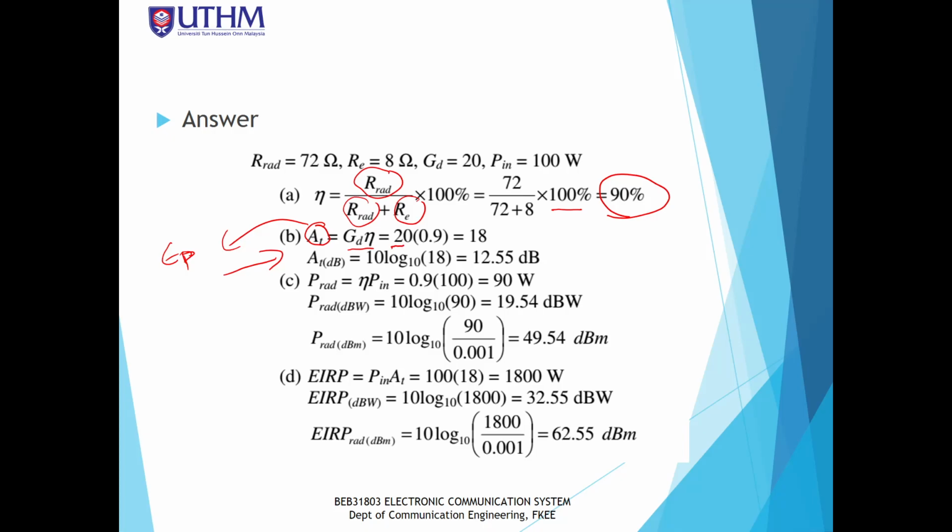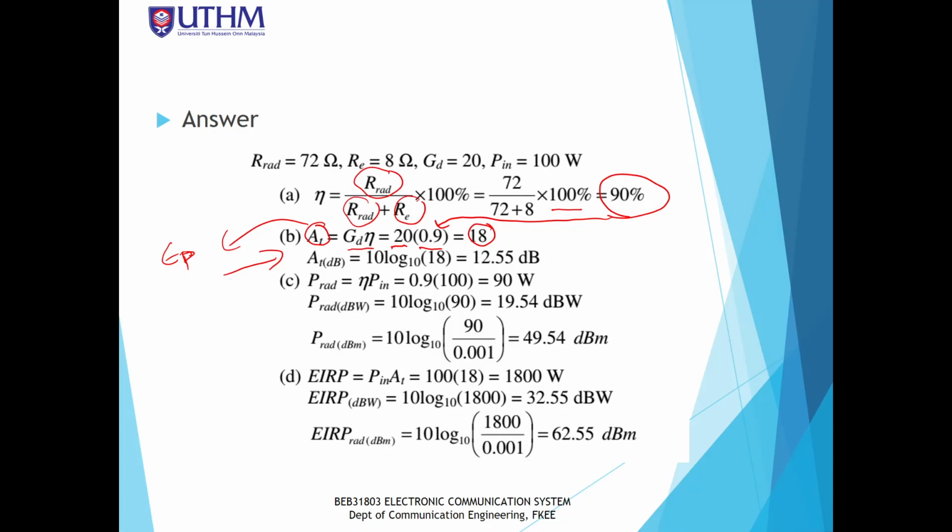Directivity gain is given in the question as 20, multiplied with 0.9 from the efficiency. So we get 18. You see that power gain is smaller than the directivity gain in this example. In decibel, power gain is equal to 10 log 18, which is 12.55 dB.